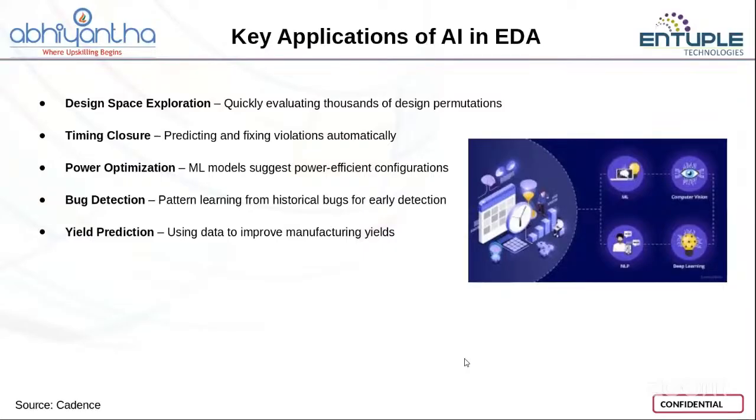Then timing closure: predicting and fixing violations automatically. Violation fixing is a very big task with high density applications. Then power optimization: machine learning models suggest power efficient configurations, and various algorithms do the power optimization as fast as possible.